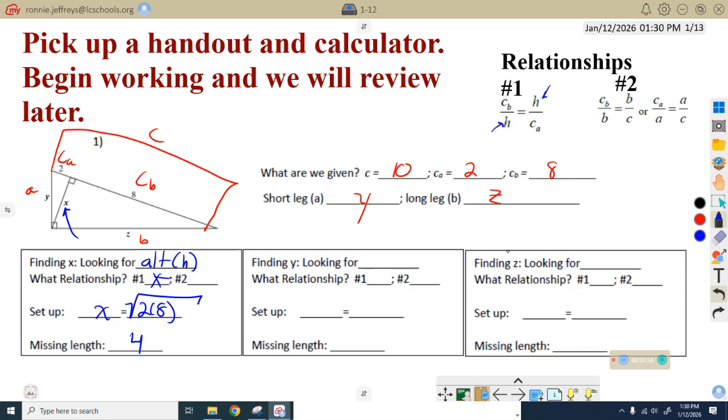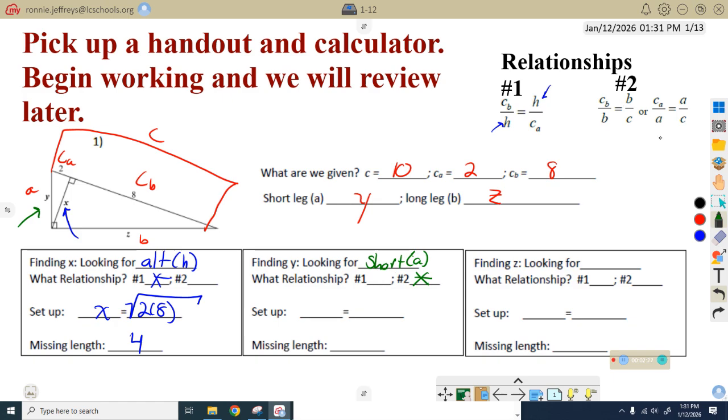Now, that box is done. Then we move on to the next thing. Okay, finding Y. All right, this is actually our short leg, or our A. And that means we're going to use number 2.